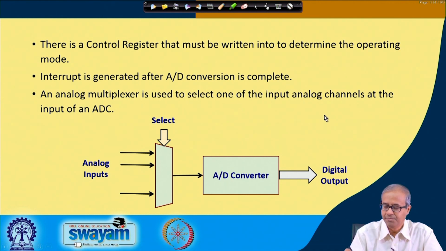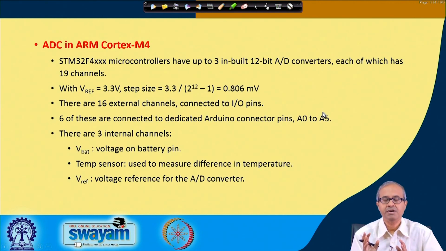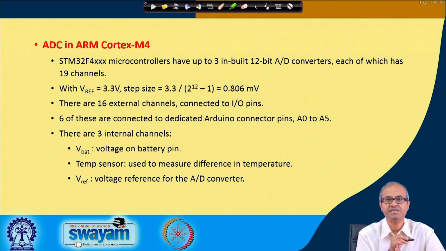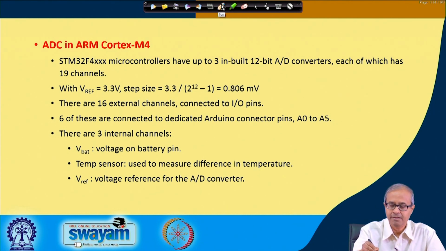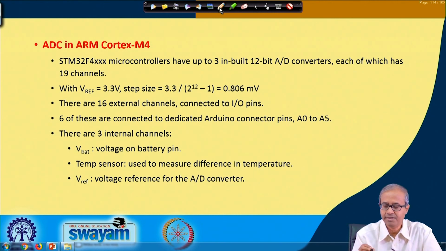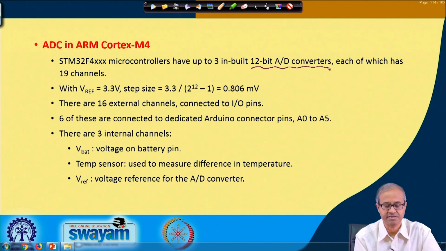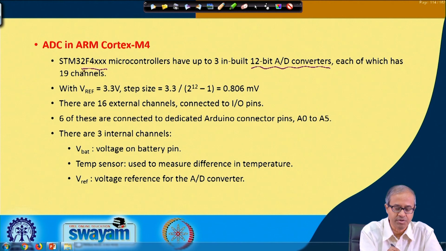Now, coming to the board that we would be using, that STM32, which is based on the ARM Cortex M4 microcontroller. Let us see what is there inside that. Now, in this board there are 3 built-in 12-bit AD converters, and each of them can support up to 19 channels.